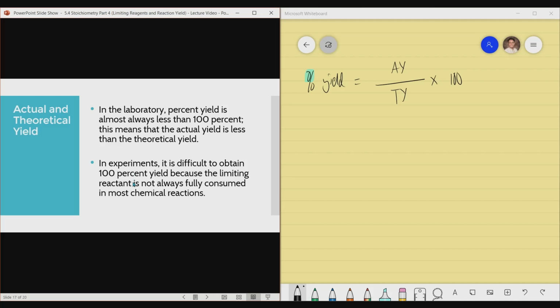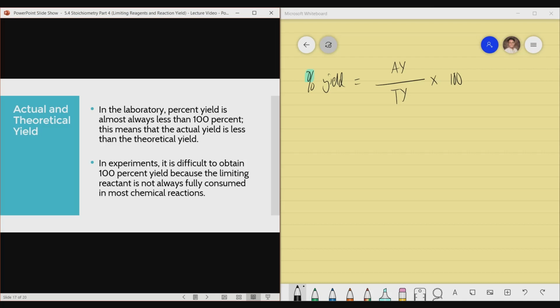In experiments, it is actually difficult to obtain 100%. It's really a challenge to obtain 100%. In experiments, it is difficult to obtain 100% yield because the limiting reactant is not always fully consumed in most chemical reactions. Let me repeat.